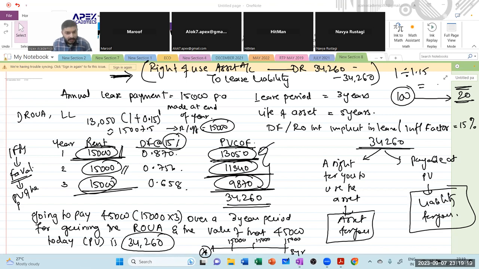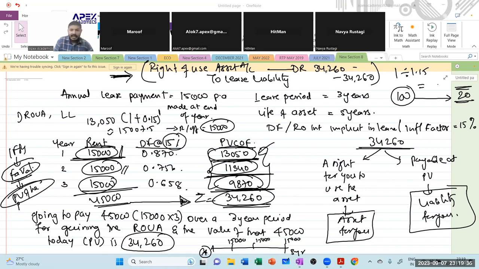So these are the present values of the cash flows. The summation is equal to 34,260. So 45,000 rupees paid in all has a present value of 34,260 today. And IFRS says do it at its fair value, which is the present value. That is why the entry will be recorded at 34,260. This fact that you are recording it at present value is the heart of IFRS.